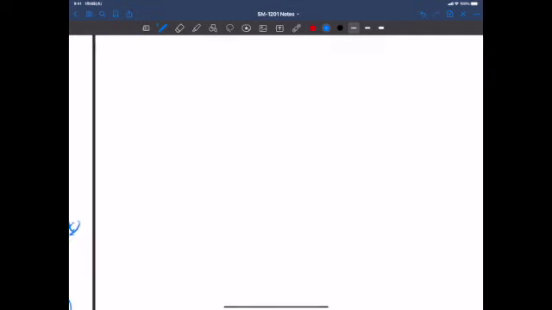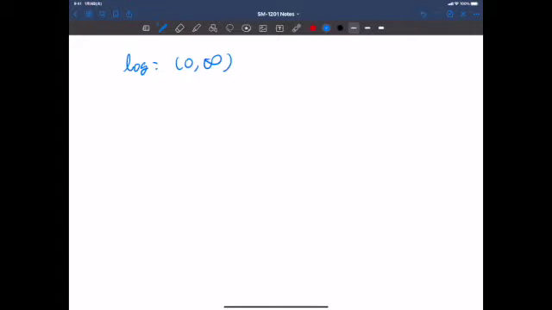So let us summarize the properties of the log function we have proven so far. So log is a function from this interval, from 0 to infinity, to real numbers. So first of all, it is strictly increasing.